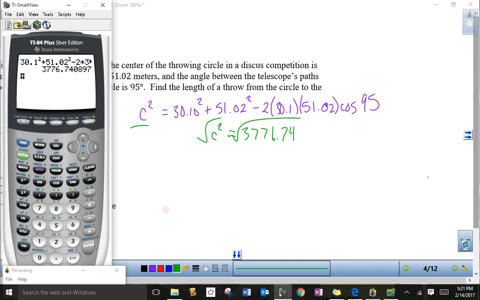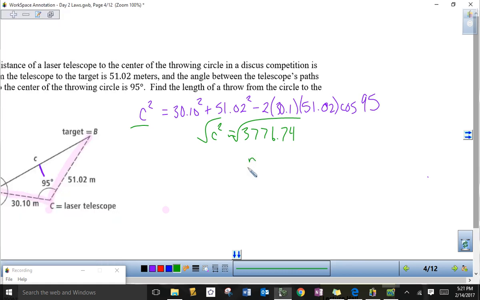If you remember, we can grab that number by just taking second and then our negative, which takes the last thing in our calculator's memory. So we've got approximately 61.46. I'm just rounding to what they rounded to here because they didn't tell us. And that is in meters.